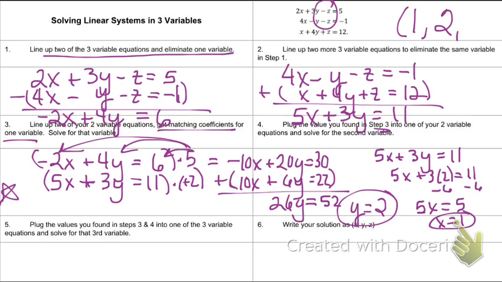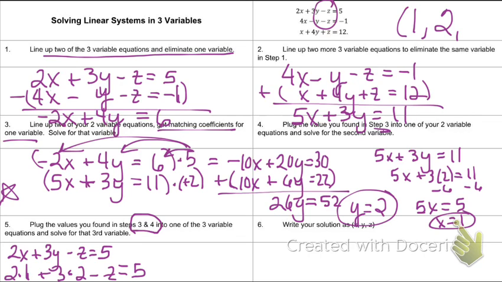Now plug the values you found in steps 3 and 4 into one of the three variable equations. So I'll just pick the first one, 2x plus 3y minus z equals 5. So x equals 1, so I have 2 times 1 plus 3 times 2 minus z equals 5.